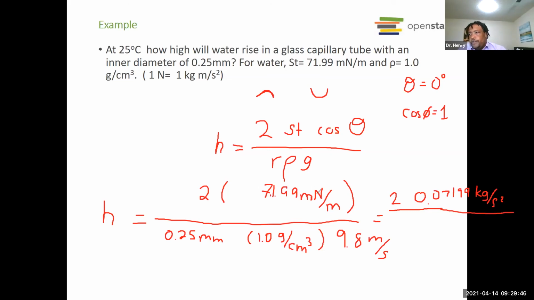If we change millinewtons into just newtons using this conversion factor, we'd end up with just kilograms per second squared.